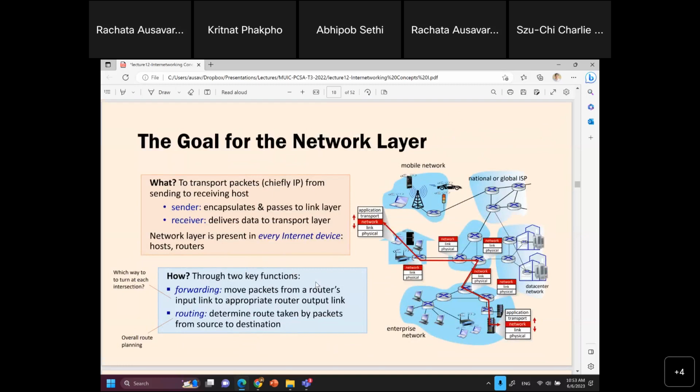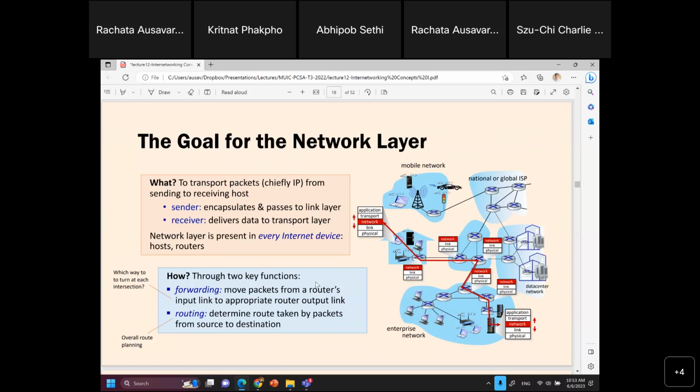Again, this network layer, think of it as the connection between your addresses, physically, your street, your highway, right? You have the sender and you have the receiver. And the network layer is there in every single internet device, the host and the router, because you need this to communicate.